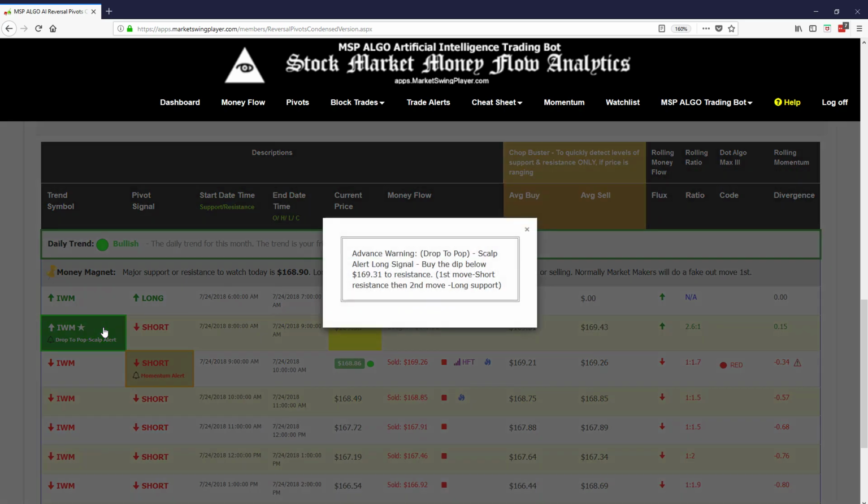So I'm going to click on the alert. It says advance warning, drop to pop, scalp alert long signal. Buy the dip below 169.31 to resistance. The first move, short resistance. Then the second move, long support. So what is this saying?